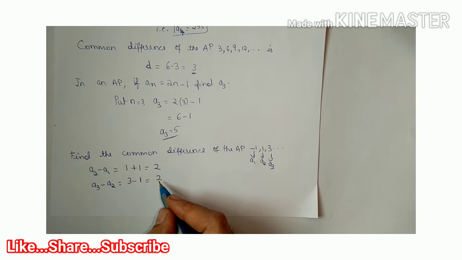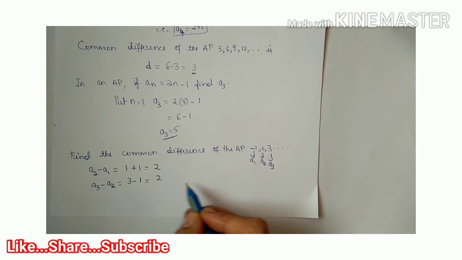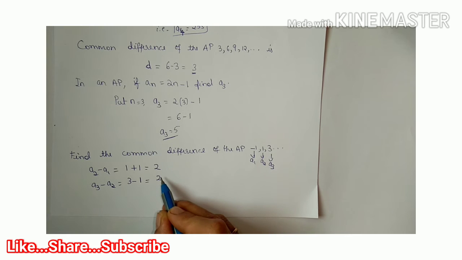Here the difference of any two consecutive terms in each case is 2. Therefore the common difference d in this case is 2.